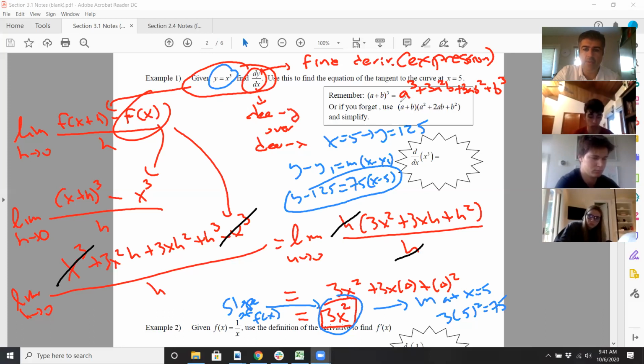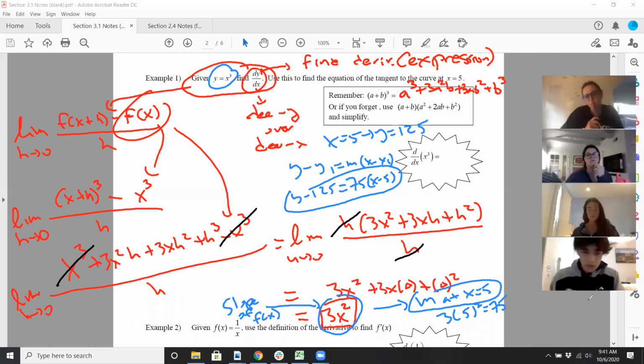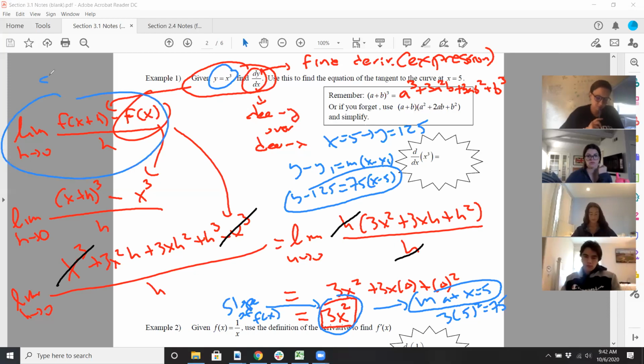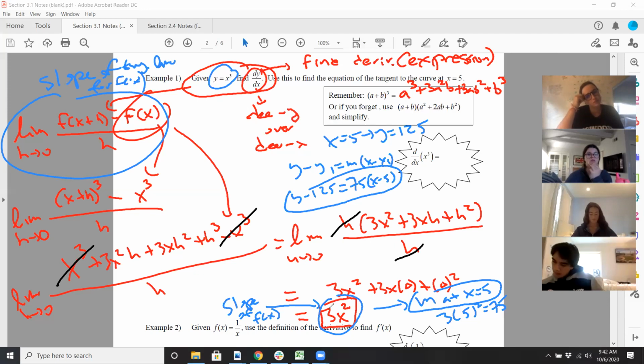Oh, how do I get from 3x squared to 75? Remember, I plugged 5 in for x. That's all I did. I plugged 5 in for x into the derivative. So remember, the derivative represents the slope. All this right here is the slope of the tangent line for f of x. But what we got, which is 3x squared, is actually a general expression for the slope of the tangent line.